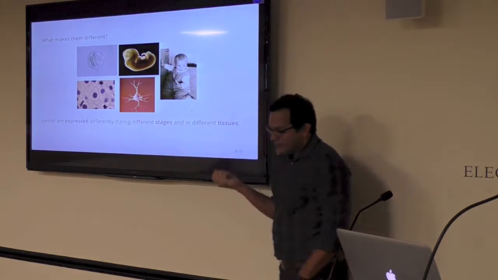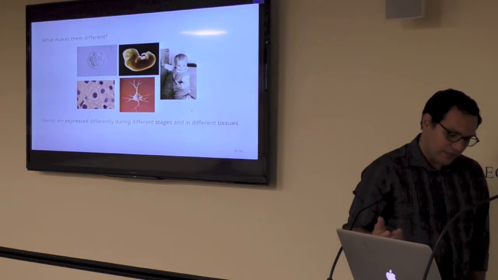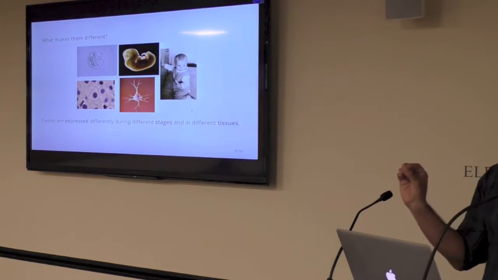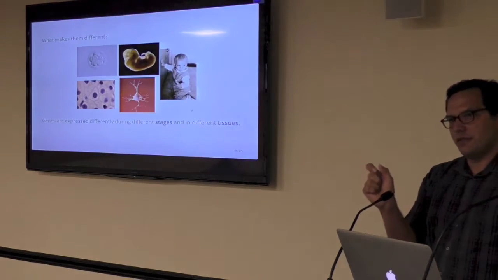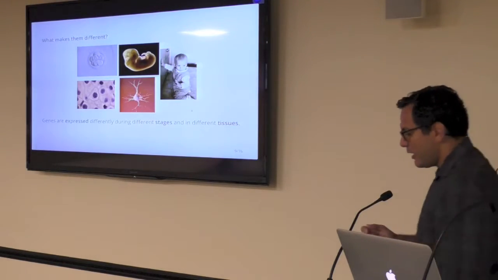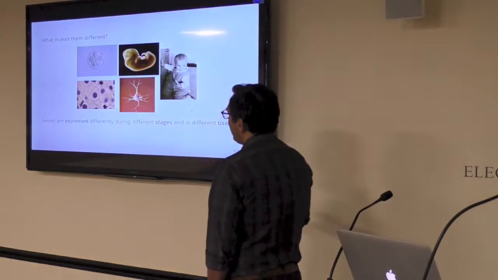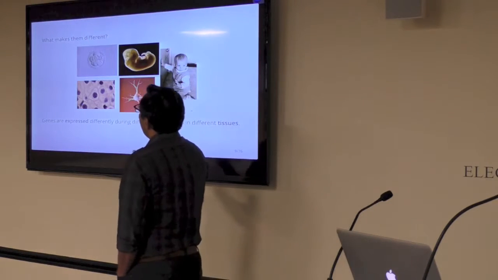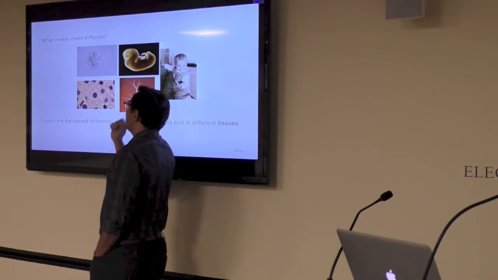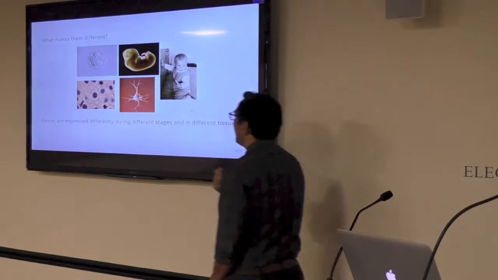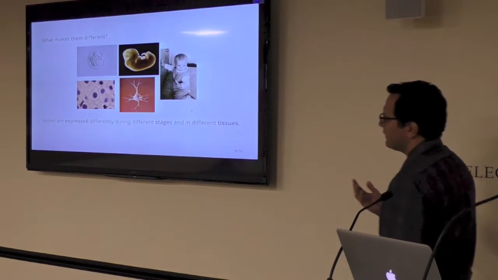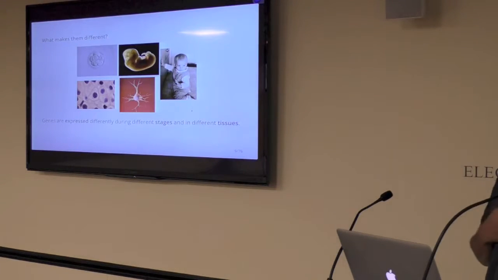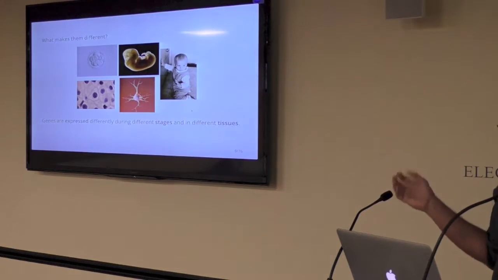And in this case, for the vast majority of things that we're seeing, there's no difference in DNA. This is not a difference in sequence itself. These are not inherited differences. But these are instead differences in how information stored in DNA is used differently during different stages and in different tissues. And that, in terms of epigenetics, is what we want to understand.